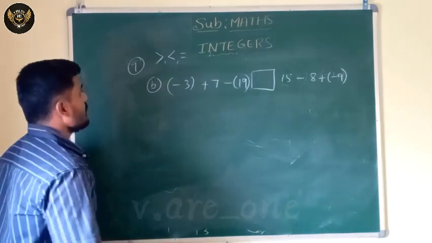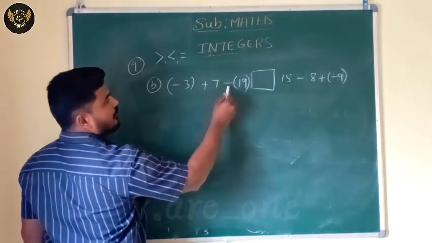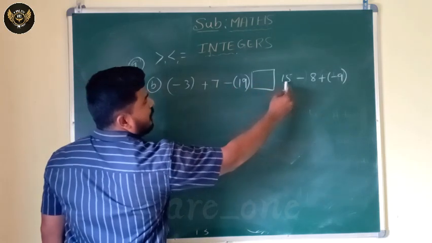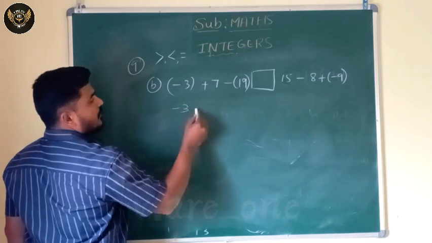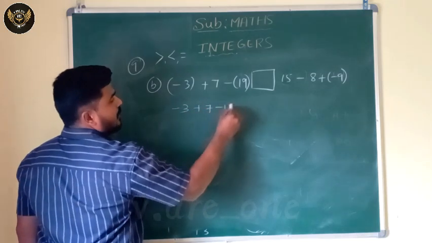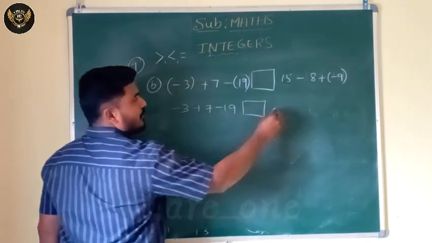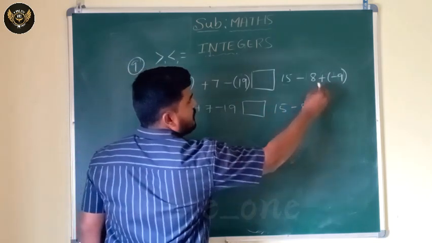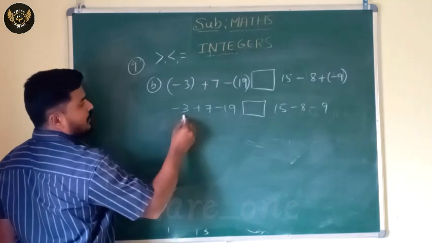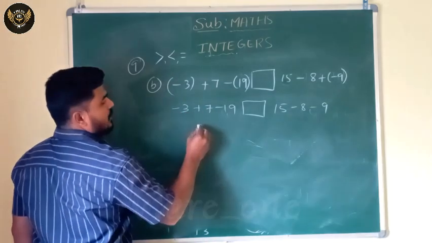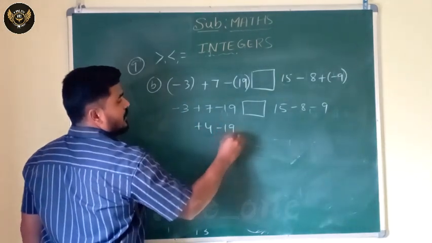The next question, that is minus 3 plus 7 minus 19, box 15 minus 8 plus minus 9. If you simplify this, minus 19, 15 minus 8 plus into minus, minus 9. We can simplify two numbers in one step. Minus 3 plus 7 becomes plus 4 minus 19.